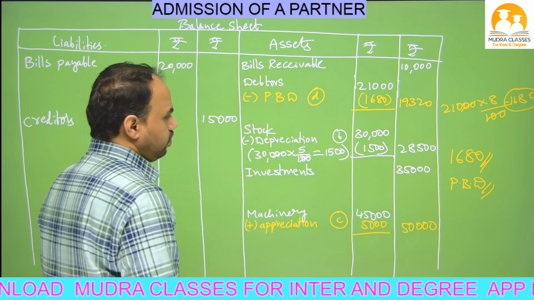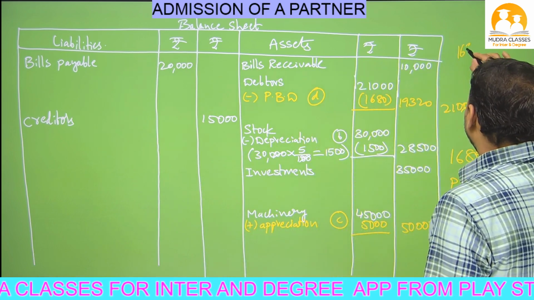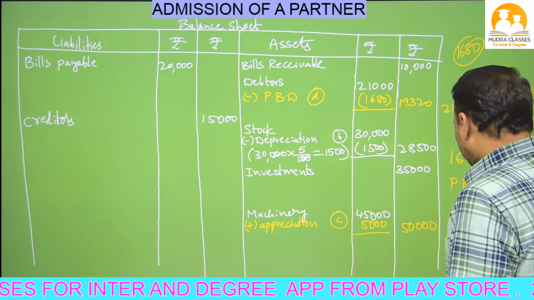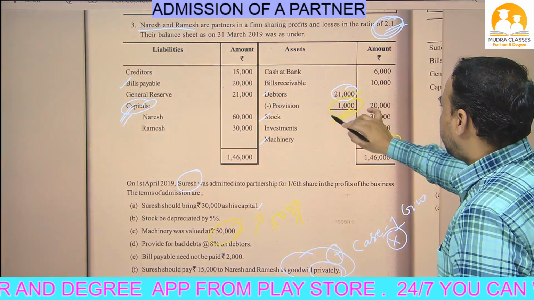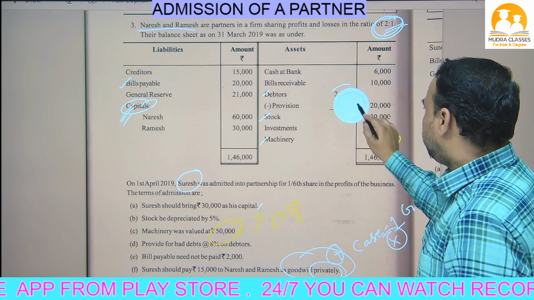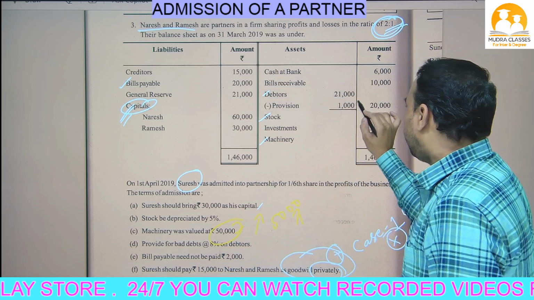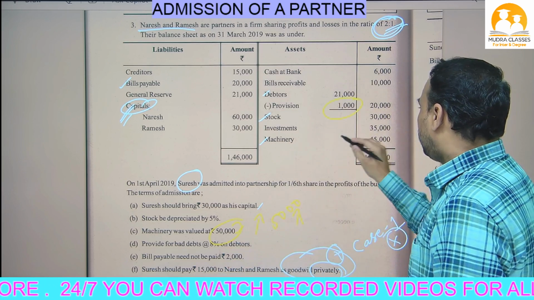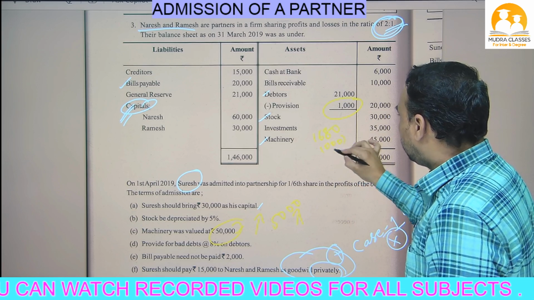Now already in the question clear, see total 1680 is the PBD amount, beta. So in the question clearly given here 1,000 rupees already we deducted from 21,000. Question lo clear ga ichchana, ikkada already 1,000 rupees undi. So total 1680 minus 1,000, how much?